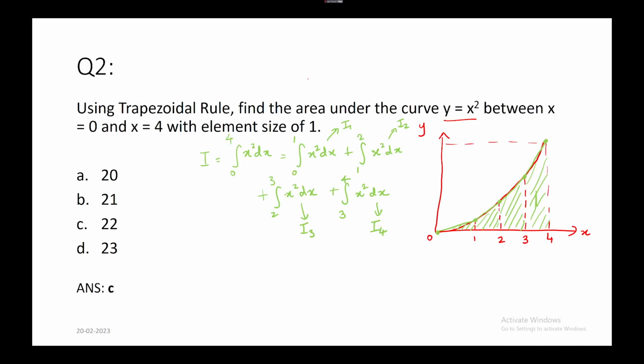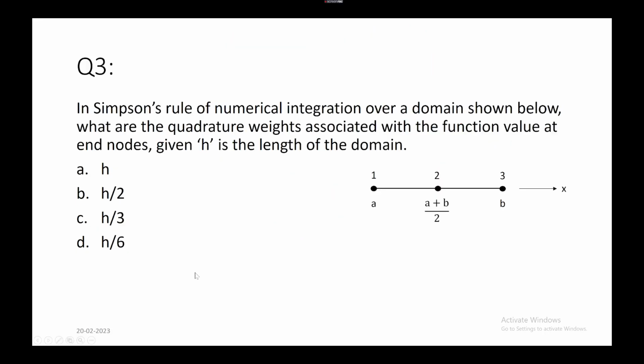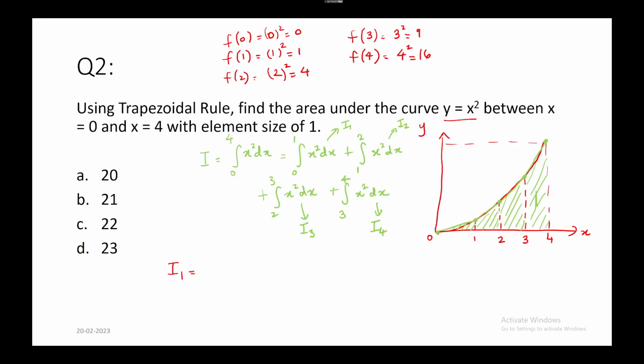Okay, so f of 0 is equal to 0, f of 1 is equal to 1 square, which is 1, f of 2 is 2 square, which is 4, f of 3 is 3 square, which is 9, f of 4 is 4 square, which is equal to 16. Okay, so now I1 is equal to, so what is I1?